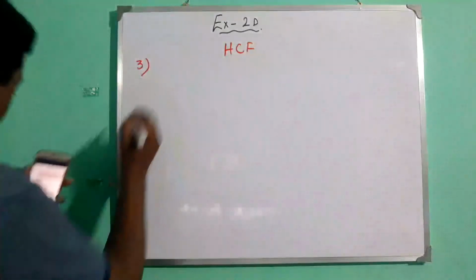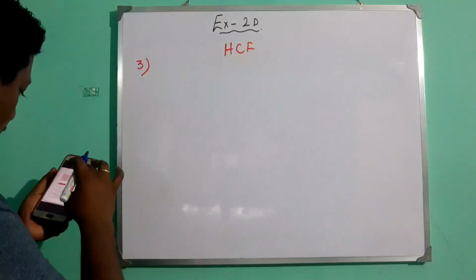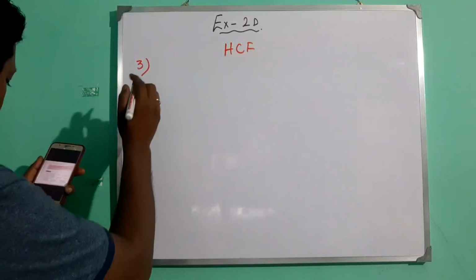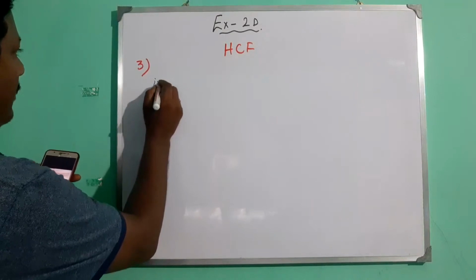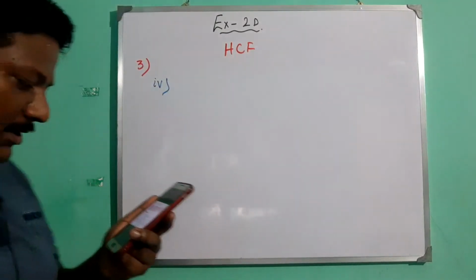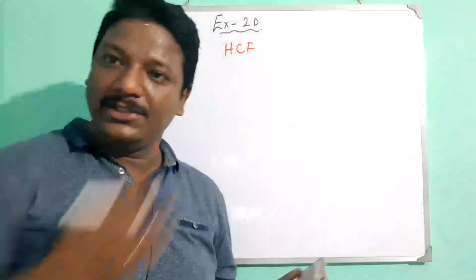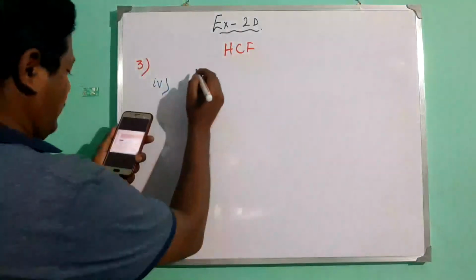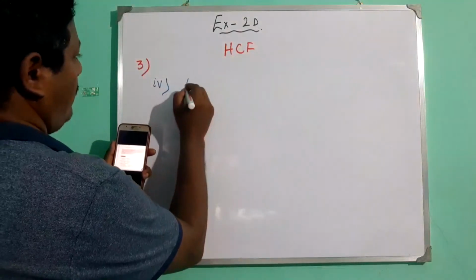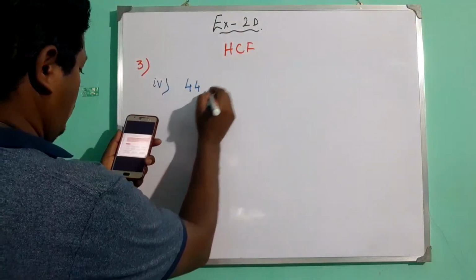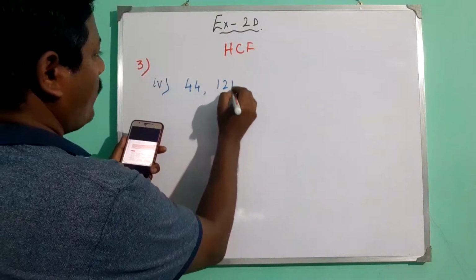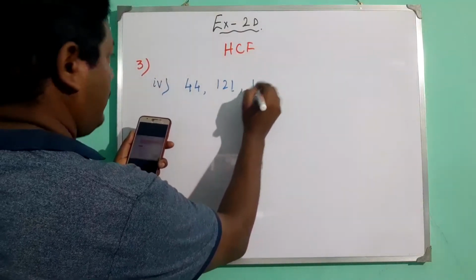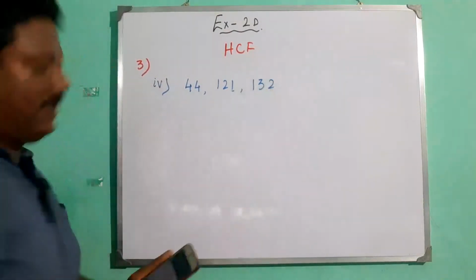So question number 3, I will take randomly: 3, 4, then I'll do the 6, and then I'll do number 9. Number 4 says 44, 121 and 132.